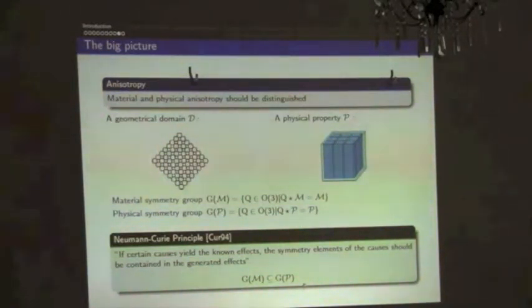So here I try to represent graphically two things. The microstructure we are interested in, I call it D, and the physical properties that live over this microstructure. These two concepts are related, and the two have some symmetry.